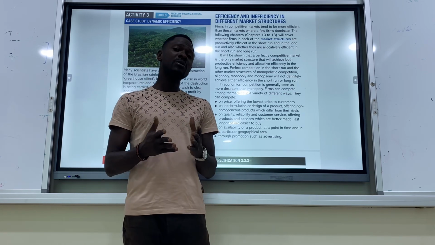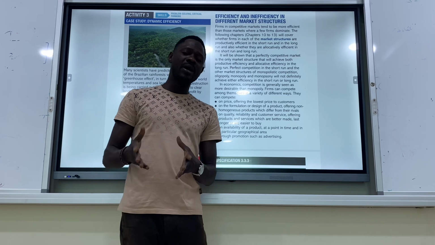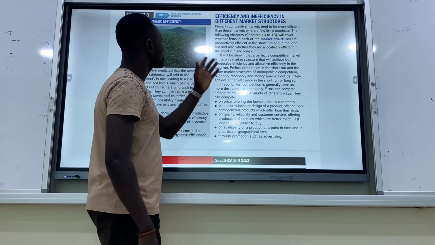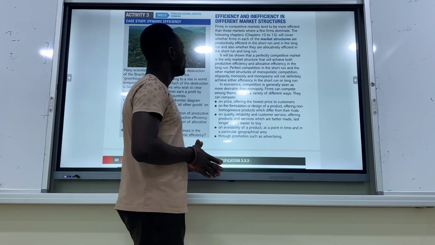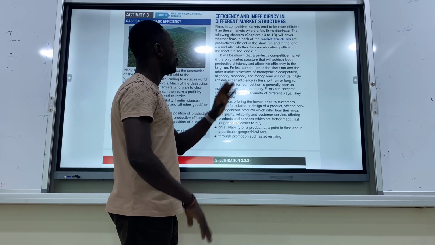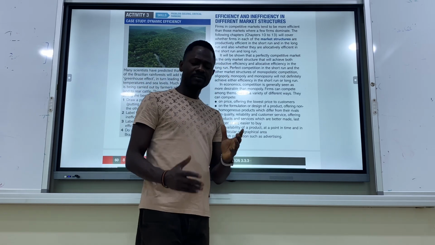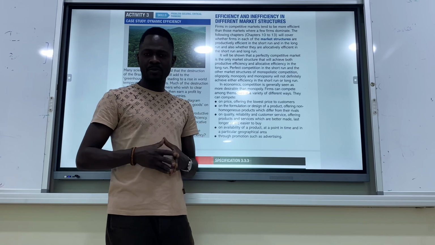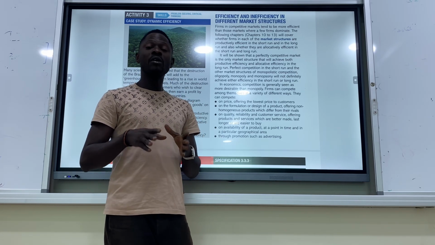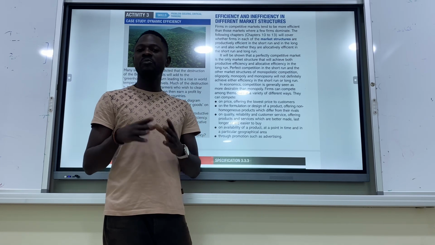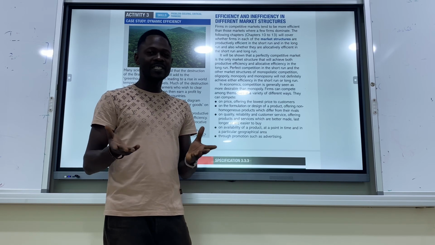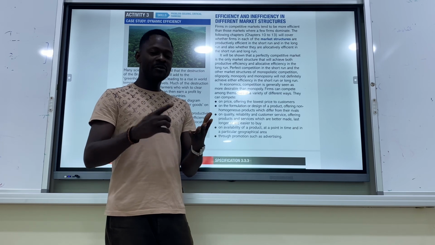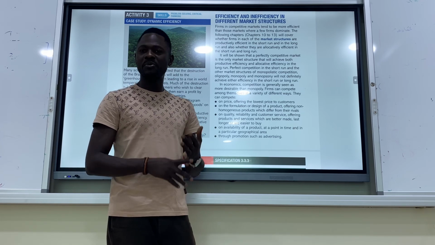So let's see how the market structure can have an impact on efficiency and inefficiency. Firms in a competitive market tend to be more efficient than those markets where a few firms dominate. The point they are making here is that efficiency can, most of the time, only be achieved in perfect competition. Why? Because in perfect competition, buyers and sellers have full knowledge about the product.